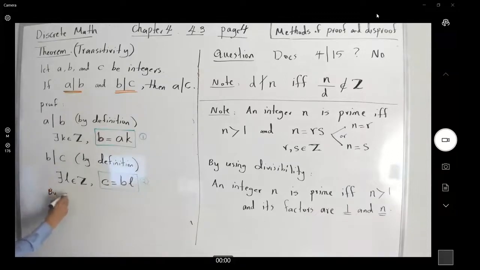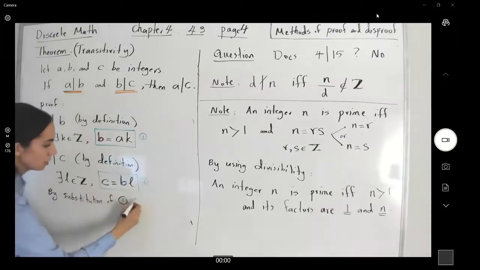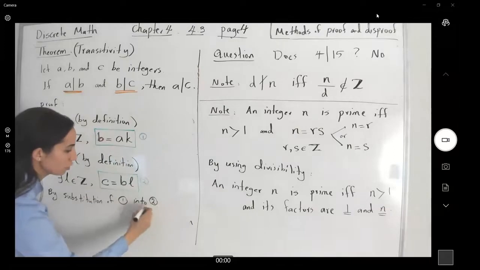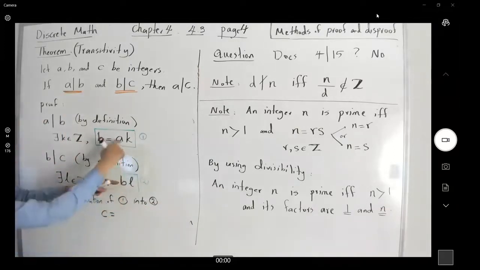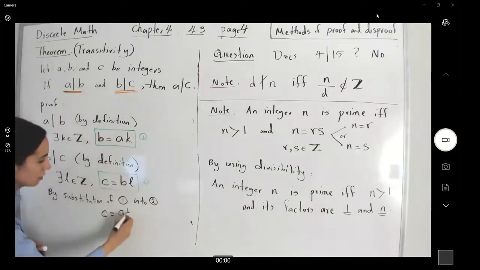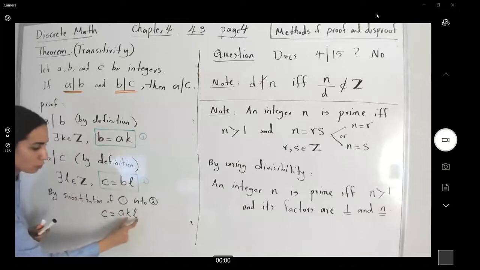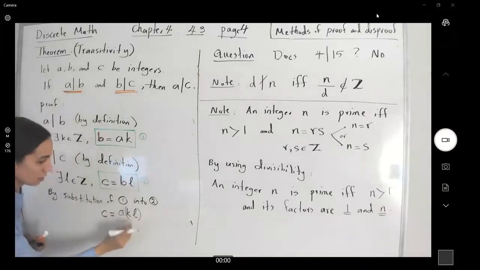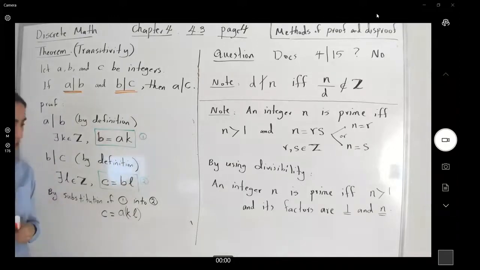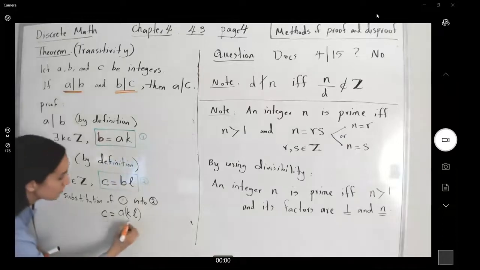By substitution of 1 into 2, we have C equals A times K times L. I'm going to group these two together, K and L. The multiplication of two integers is an integer. So here you have your integer.